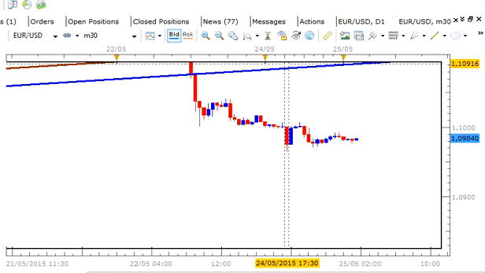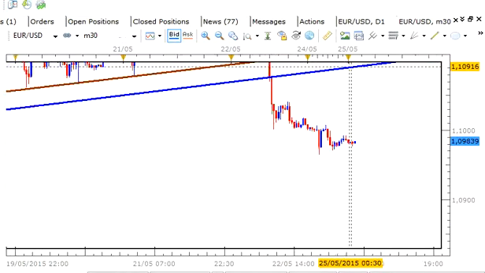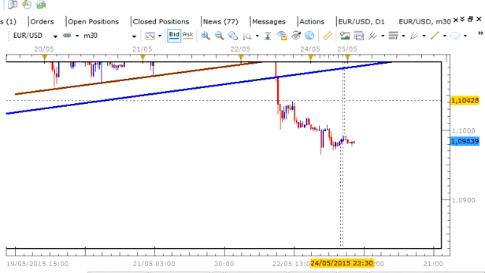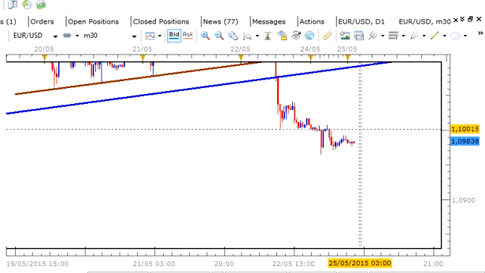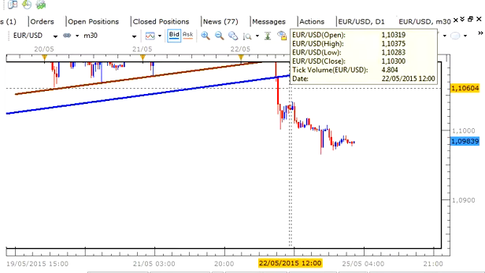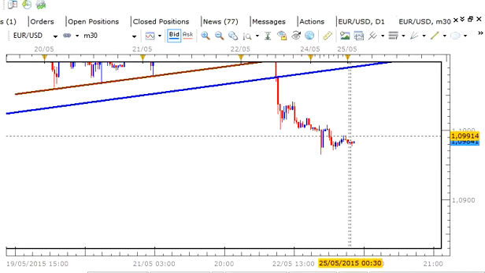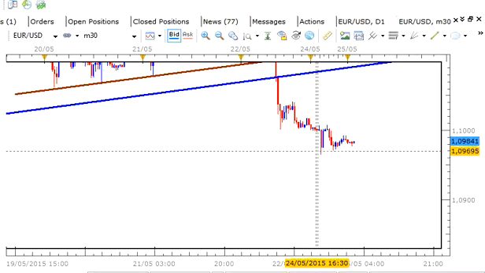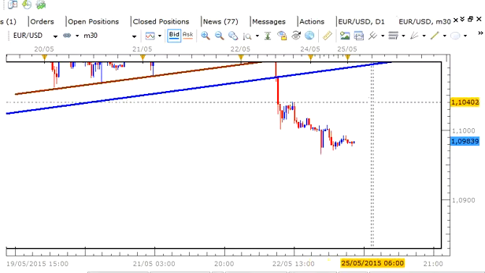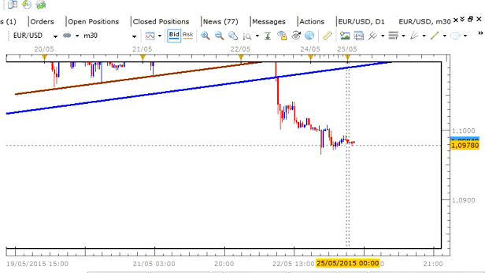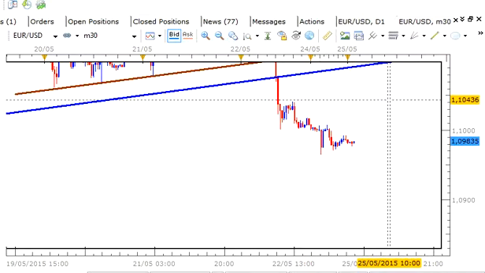right now there isn't any clear setup that could be used as a trade to continue the bearish movement. However, there are two setups that could be formed and could provide trading opportunities for day traders later on today.